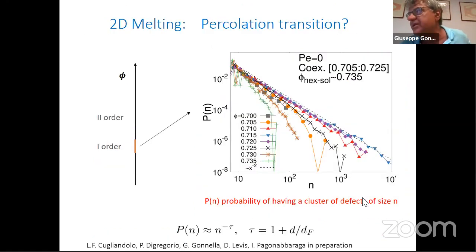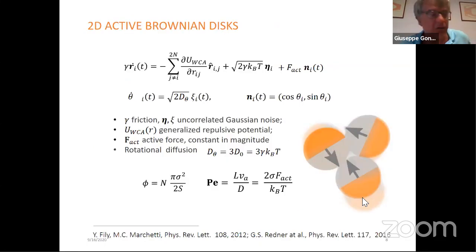This percolation is shown by looking at the probability of having a cluster of defects of size n, and here you find the standard laws for geometrical percolation for these clusters of defects. But let's go, because the time is going to finish, to active Brownian disks.